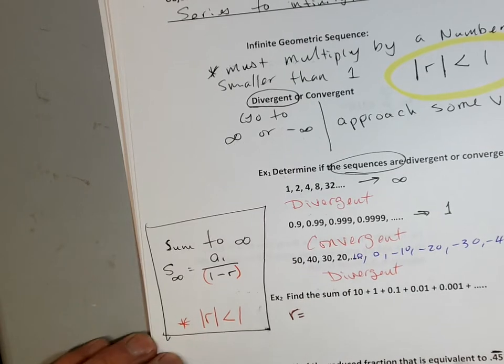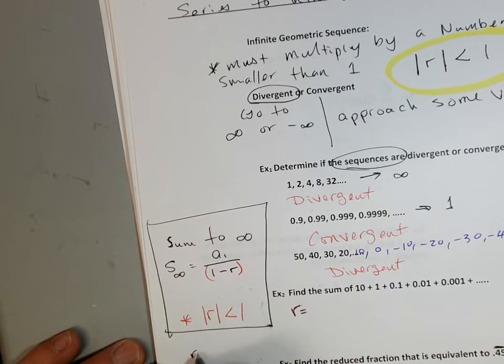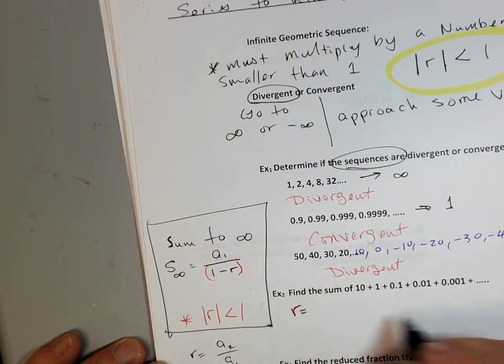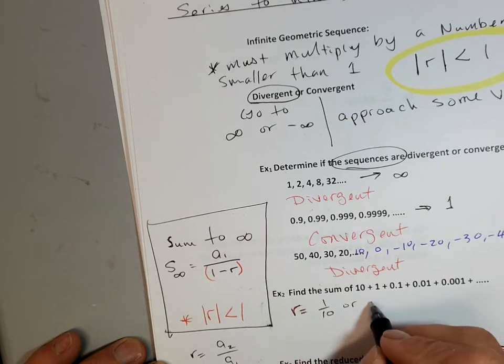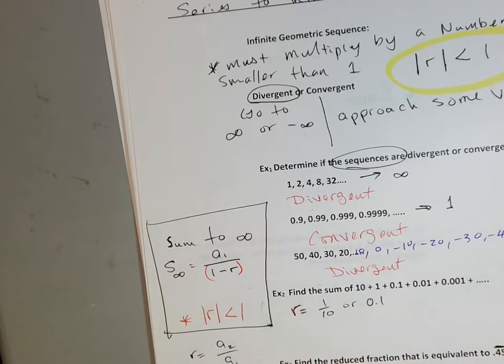Well, if you're not sure, we can always find R by taking the second term divided by the first term, right? 1/10. So R is, in this case, 1/10 or 0.1.